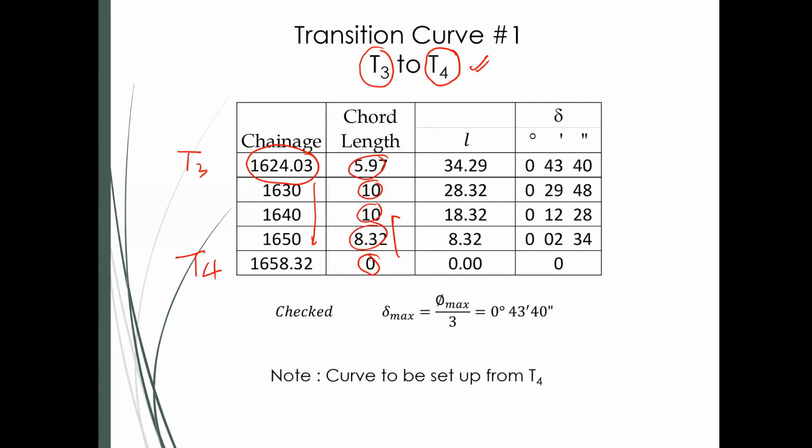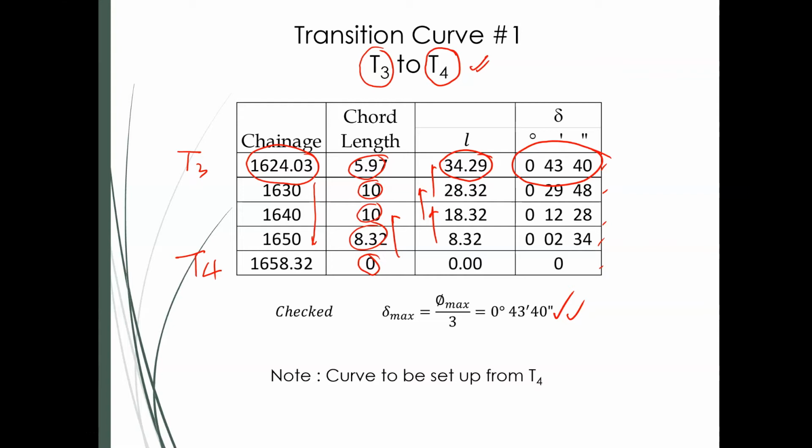But when we do the calculation, we're going to start from the bottom, 0 there, 8.32 there, then this one is just the sum, and when we get to the last point, which is T3 in this case, that equals to LP that we have calculated. And we're going to calculate all this deflection angle, and obviously our max deflection angle now will be at T3, which is 0.4340, so that agrees with the value that we have calculated earlier.